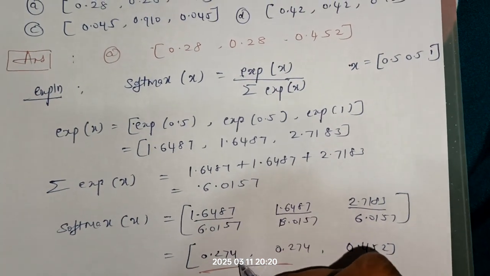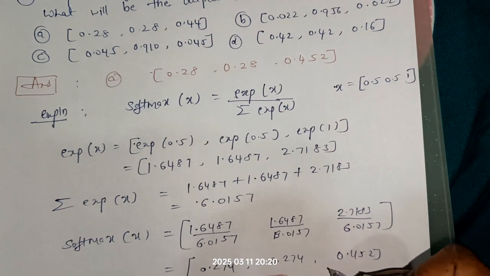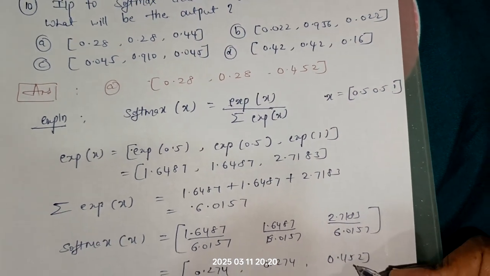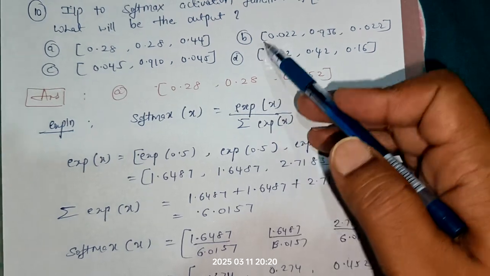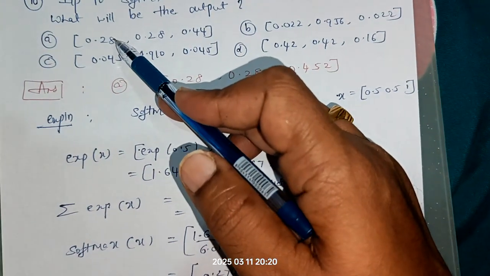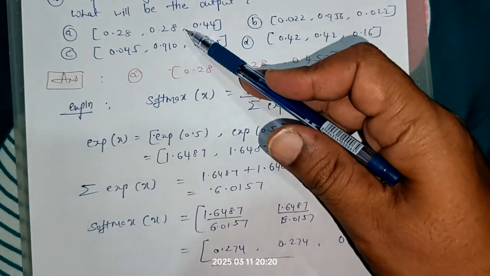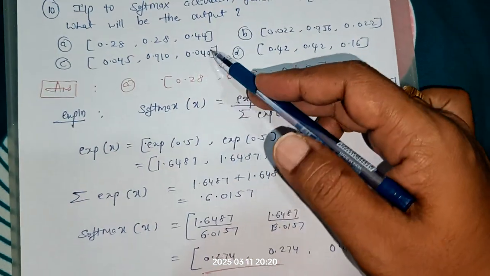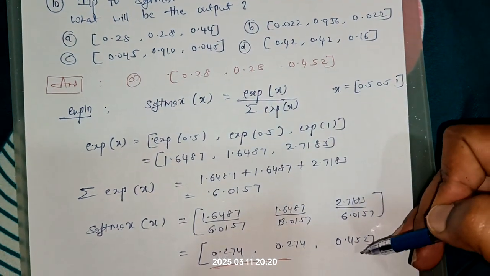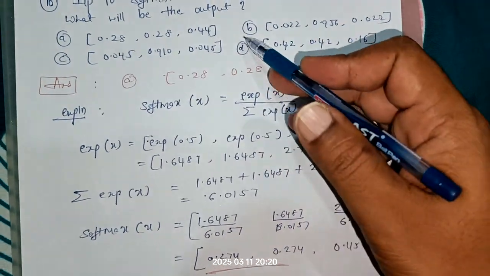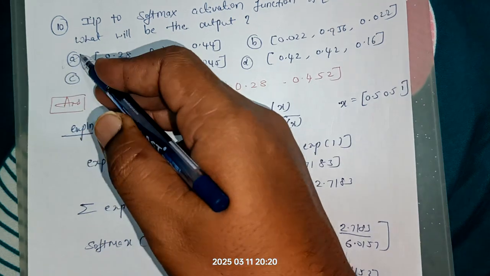You will get approximately this answer, 0.274, 0.274, 0.452, but that answer is not there. The closest one is 0.28 instead of 0.274, and the last one is 0.45, here 0.44. So the first one is the correct answer.